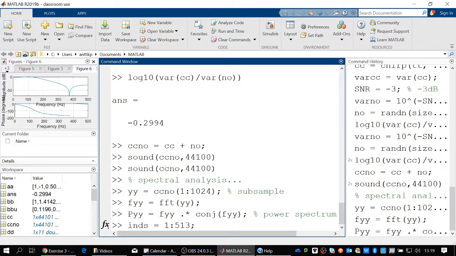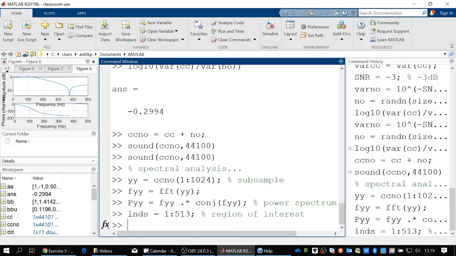Why 513? The first element has the DC component, plus 512. That's where the sampling rate divided by 2 is the Nyquist frequency. That's the region of interest. Now I have the indexes.